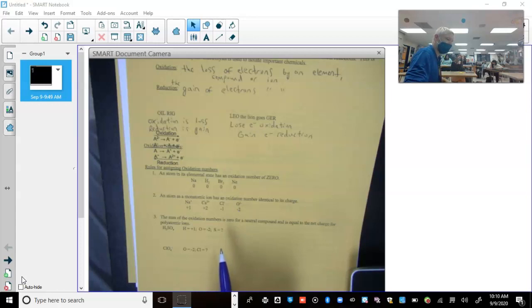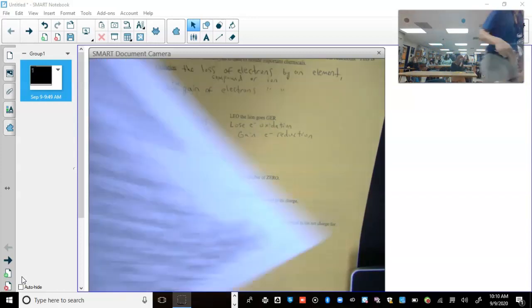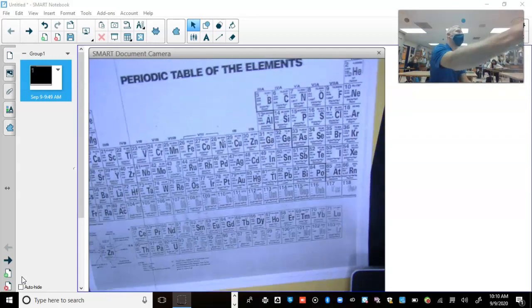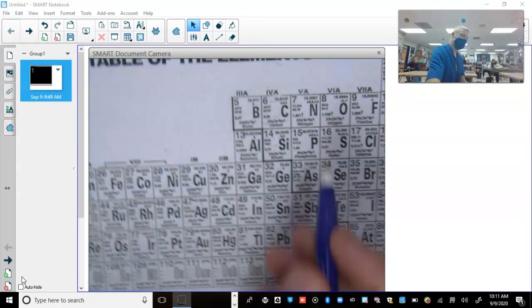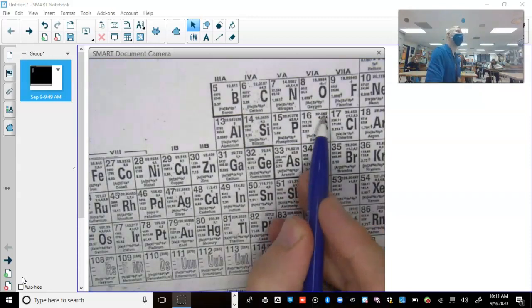But if you look at the periodic table, up there you might be able to see it. Got one right here. And it's all looking like a blur of ink. But if we look at sulfur, is that a 6?